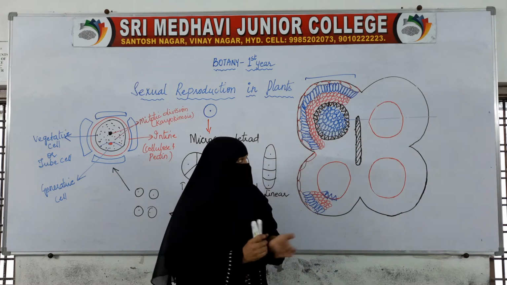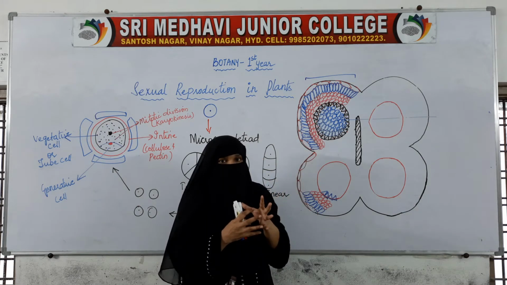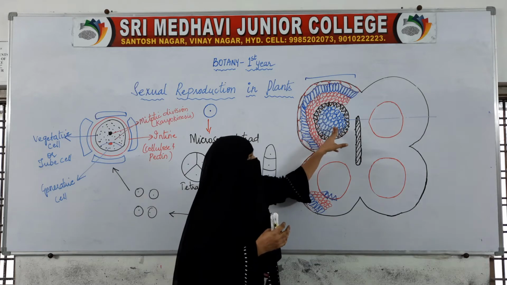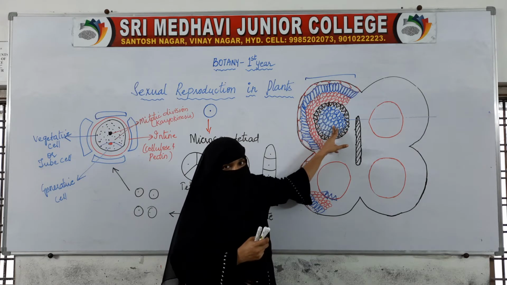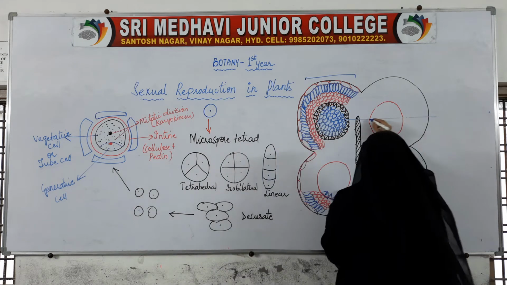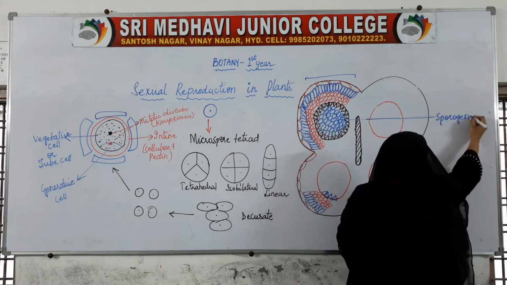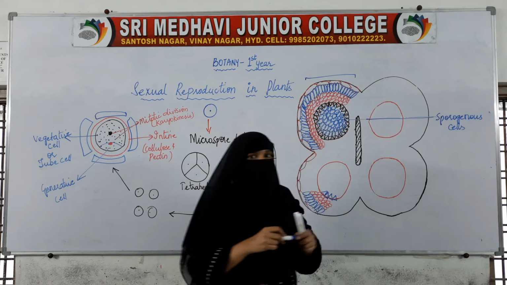So the cells will be compactly arranged inside the microsporangium. These cells are called sporogenous cells.